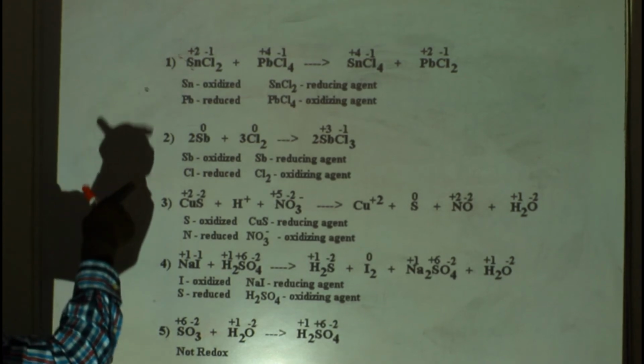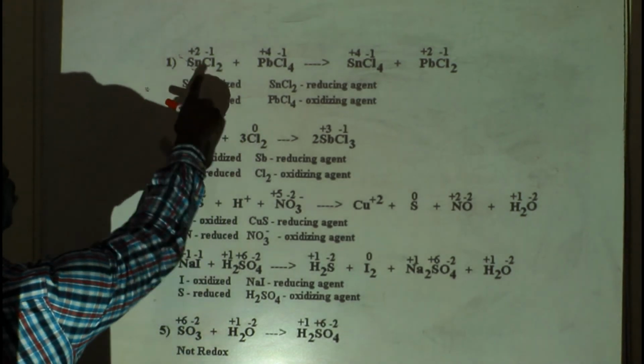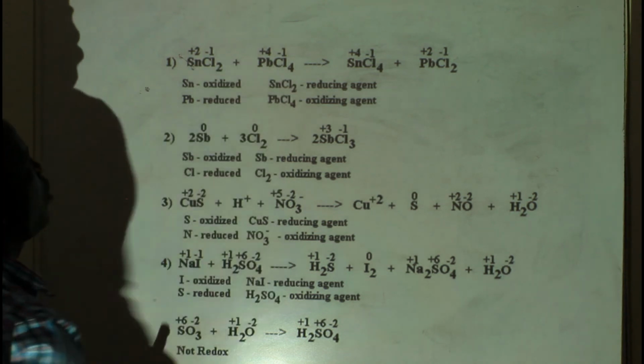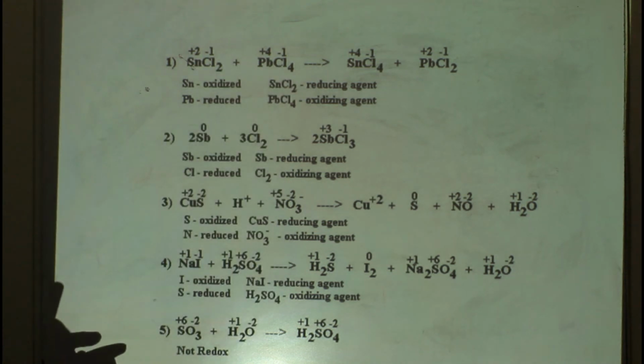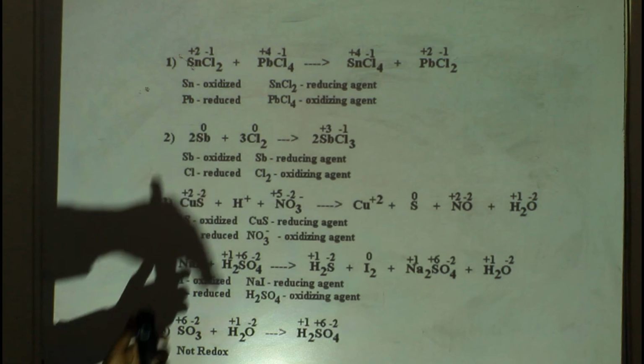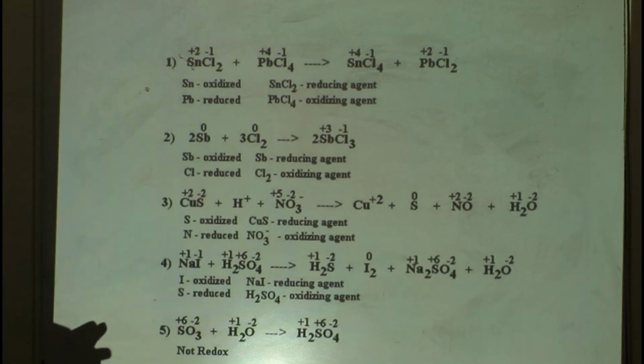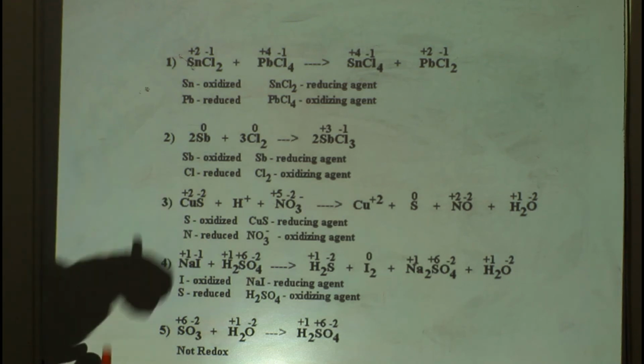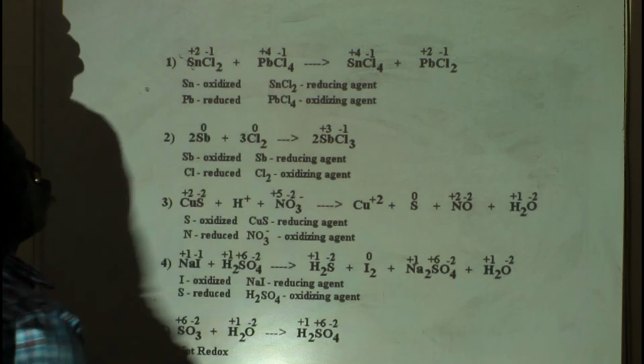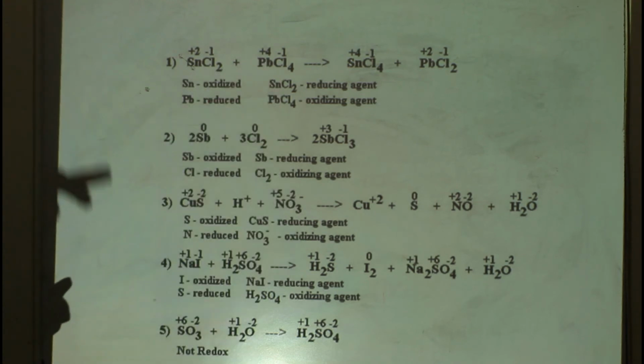Let's come back here. We say that the whole lead tetrachloride has been reduced. Why are we saying it has been reduced? What caused the reduction? You realize that it has moved from +4 to +2.